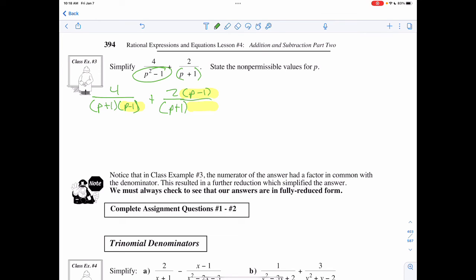So I'm going to multiply it into the top and into the bottom. This is going to give me 4 plus 2 p minus 1s over p plus 1 p minus 1, which is the same as 4 plus 2p minus 2 over p plus 1 p minus 1.